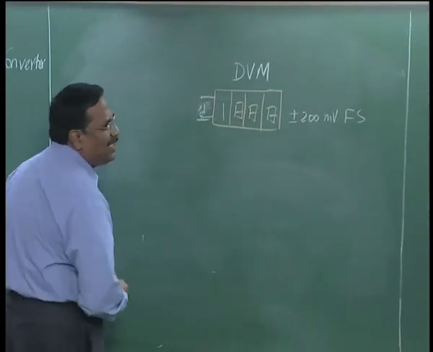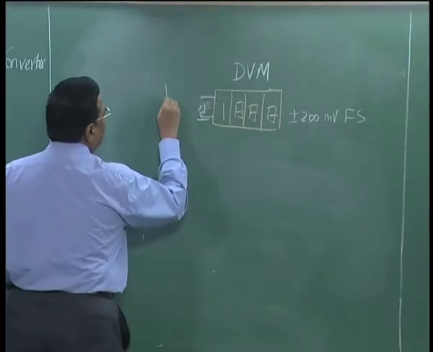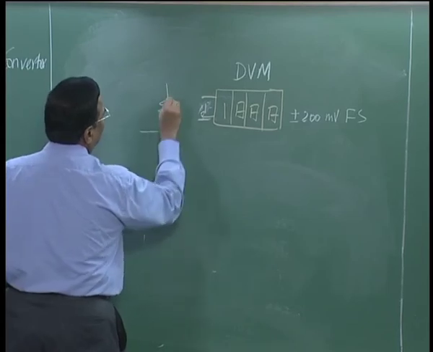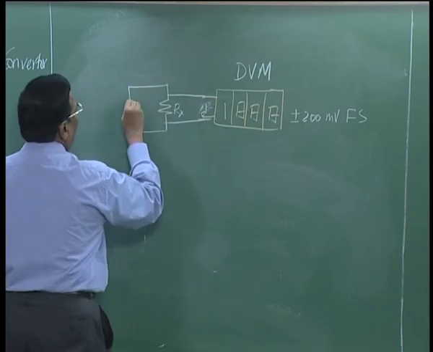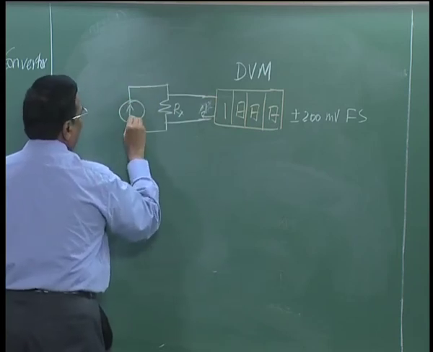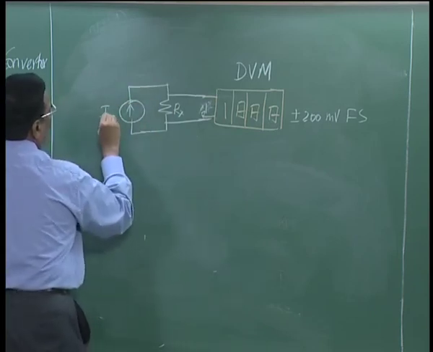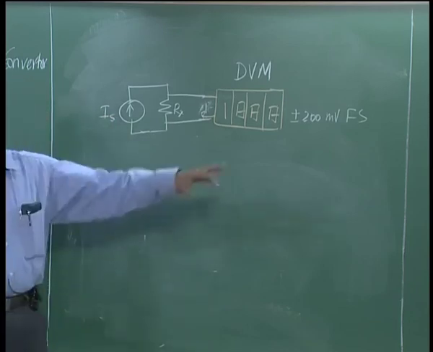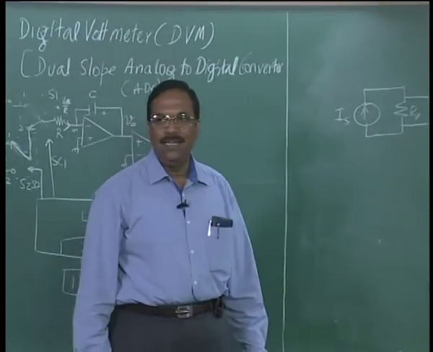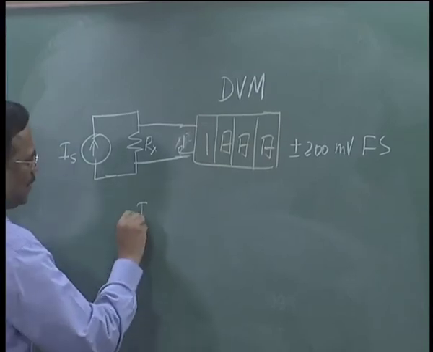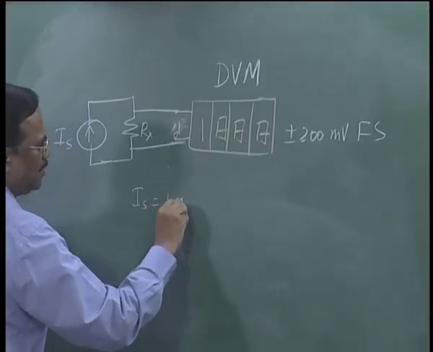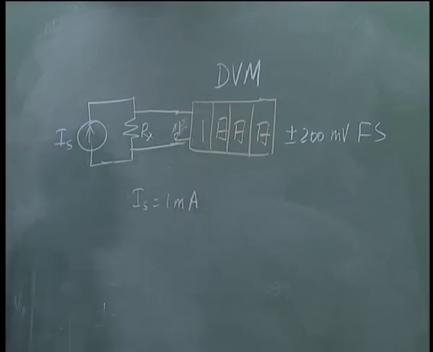Now one thing that the manufacturers added is the ability of a digital voltmeter to measure unknown resistances, right. I have an unknown resistance, I connect a current source, and measure the voltage across it, right. Now I make Is equal to 1 milliampere, the source current is 1 milliampere DC, right.